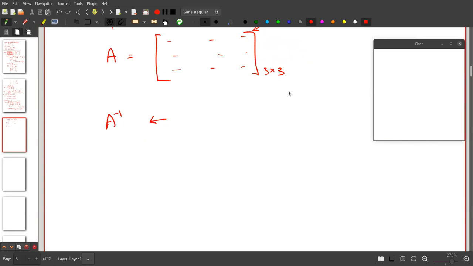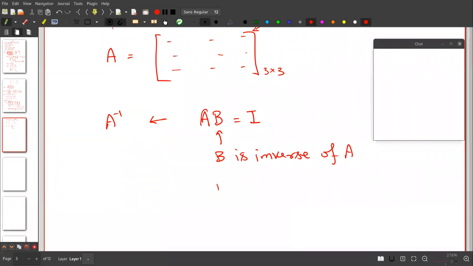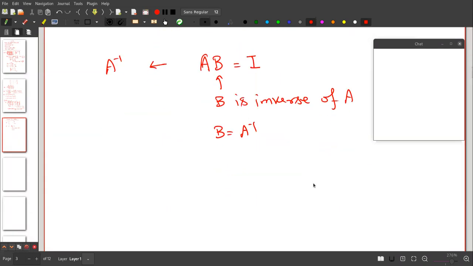So if you multiply any matrix with, say, some other matrix, and this gives you identity matrix, so this B is inverse of A. That is, we call B equals to A inverse. So A inverse is written as A to the power minus 1. So B is A inverse. So if B is the inverse of A, so that A times A inverse equals to I, or this inverse property also commutes.